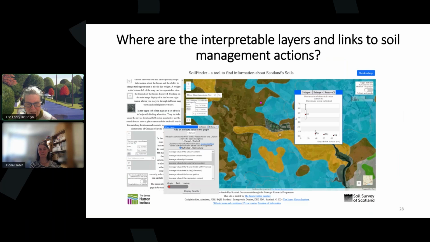And I know from using this that you can actually link to external documents which give you greater guidance. And it is freely available through a web mapping service of the Scotland's Environmental Web. So it does offer some additional information if you're willing to go and look for it. Next slide, please.